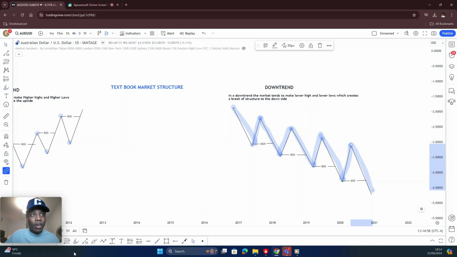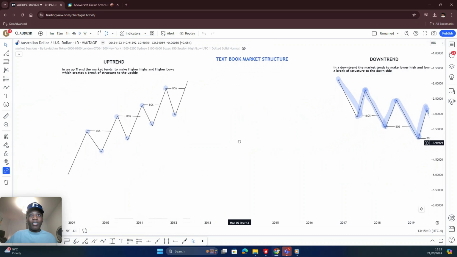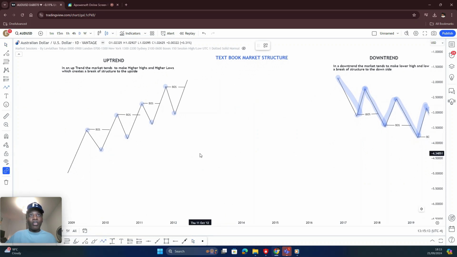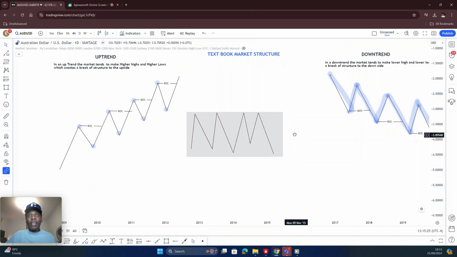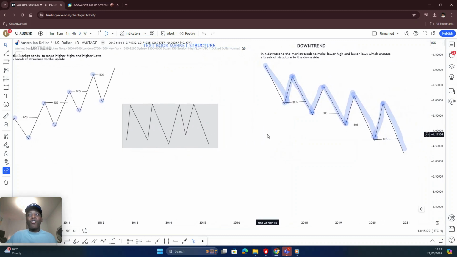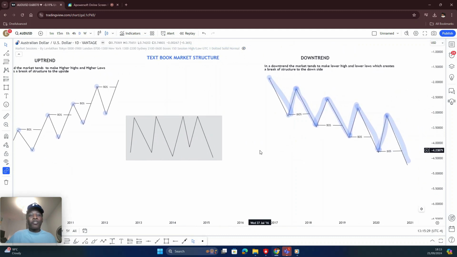One thing to note now is if price doesn't break structure, it means price is just consolidating. Simple as that. If price is just moving like this, boom, boom, boom, and it's just stuck in this box right here, it means price is moving in a consolidation format, and we don't trade consolidation on this channel.